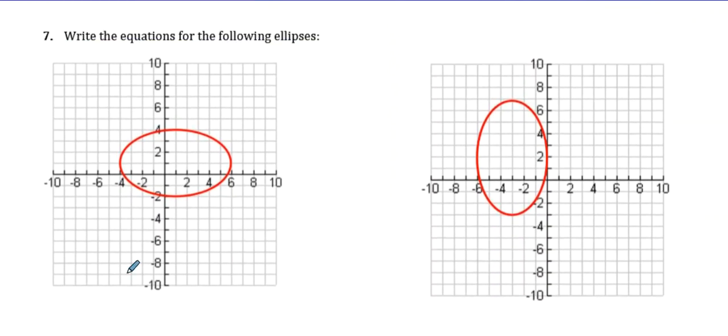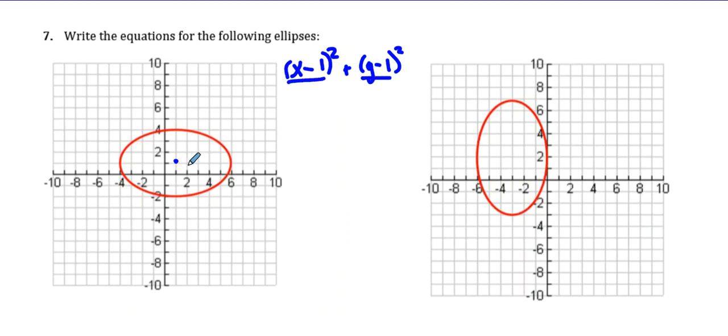Okay, so to write the equations, you're just working backwards. Let's find the center to start. So it looks like it's going to be maybe here. I'll just check and see if I'm right. So I'm going 5 to the right, 5 to the left, 3 up, and 3 down. So that's my center. So I'm going to have x minus 1 squared and y minus 1 squared.